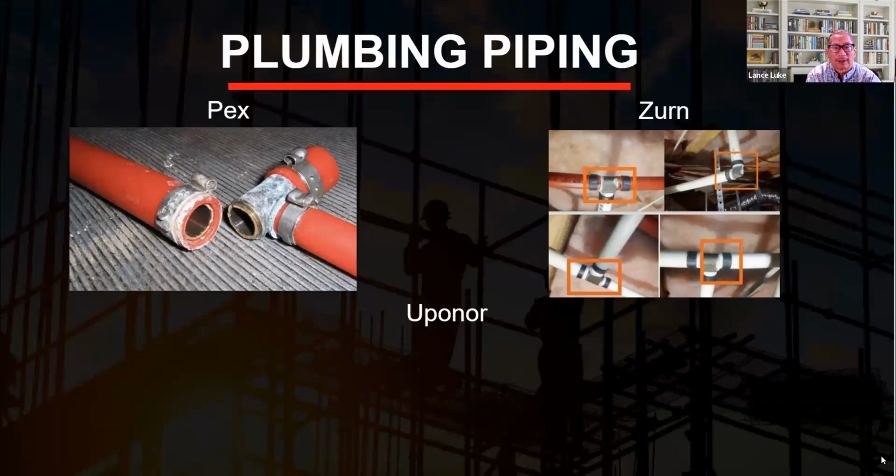So can you imagine a high-rise building being plumbed out with millions of linear feet of this plastic piping, and all the connectors are failing or subject to fail? How do you know where it is in your wall?